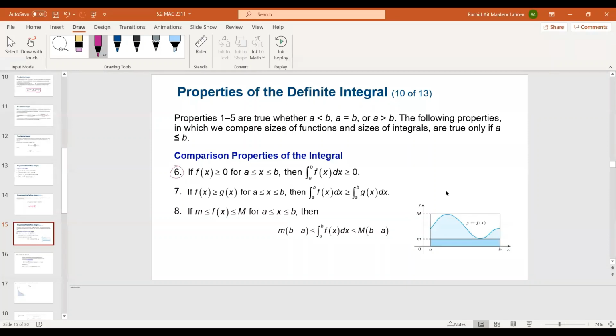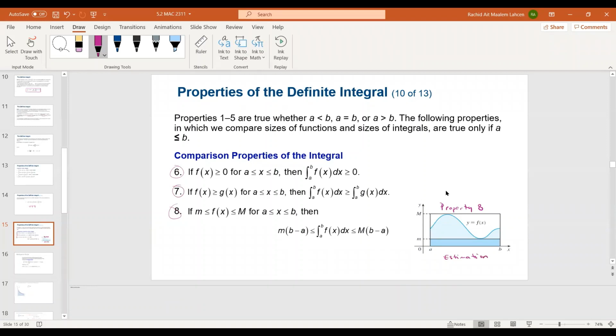And for 7, if f of x is greater than g of x, then of course on the interval, to compare you have to have same limits, upper and lower. Then the bigger function has the bigger area, or bigger integral. This one, 8, is more of a property.